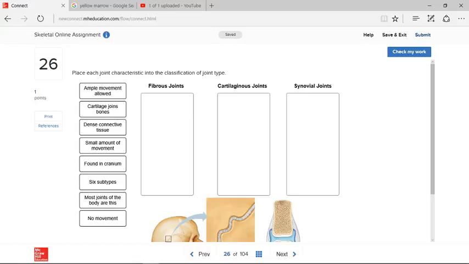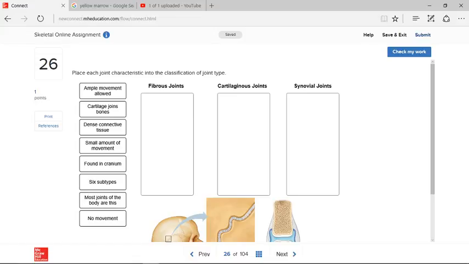So the fibrous joints are in the skull, in the sutures. Generally, no appreciable movement takes place at fibrous joints. So they're stable, right? They ain't going to move. Some fibrous joints, such as a joint in the leg between the distal ends of the tibia and fibula, have limited movement.